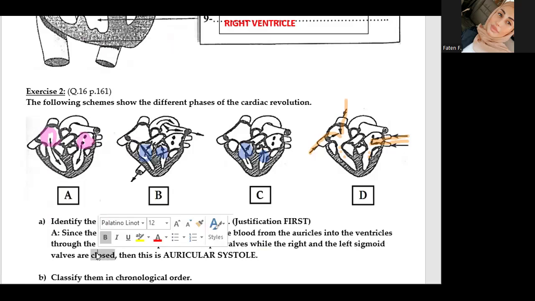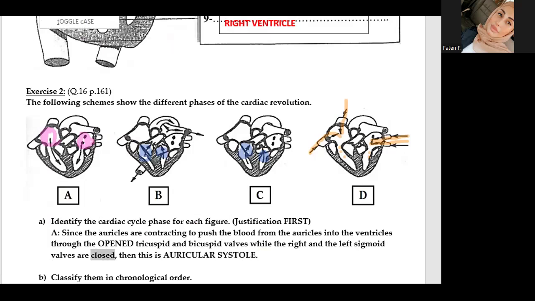Okay? Here, of course, capital. So this is the first phase.